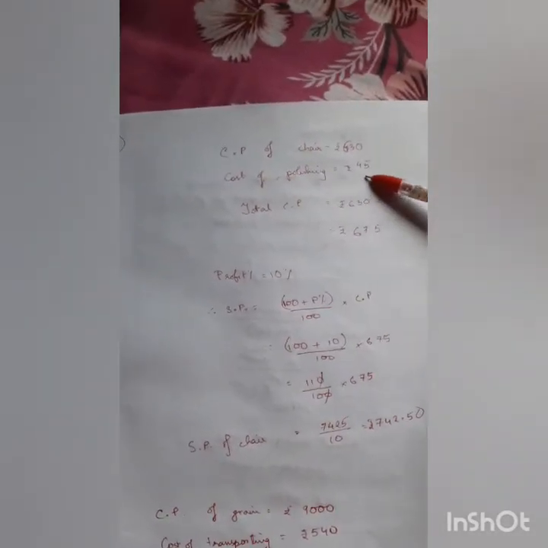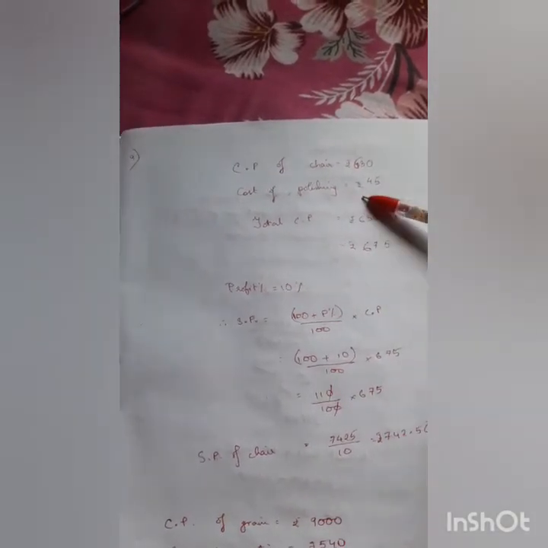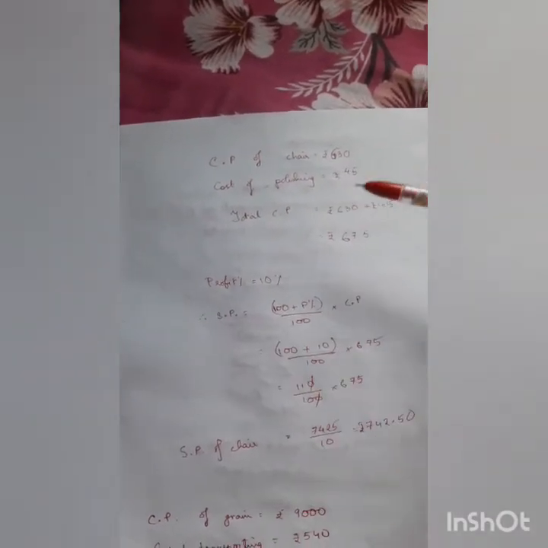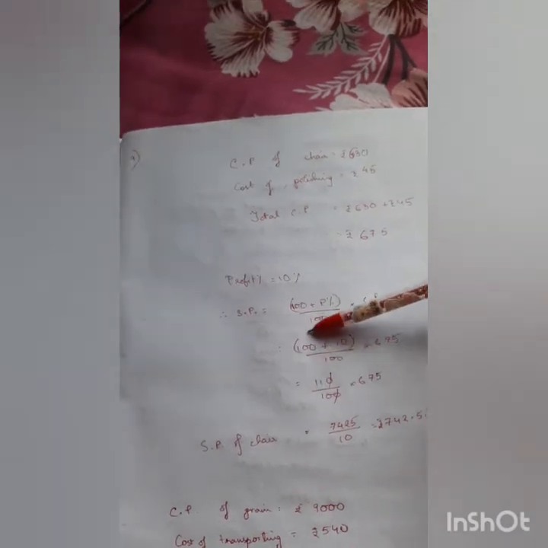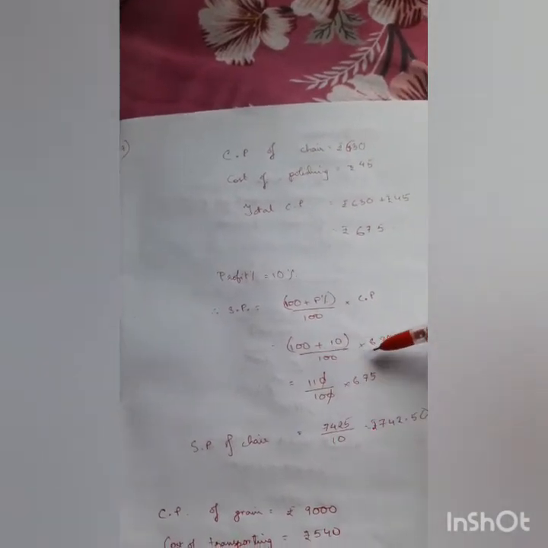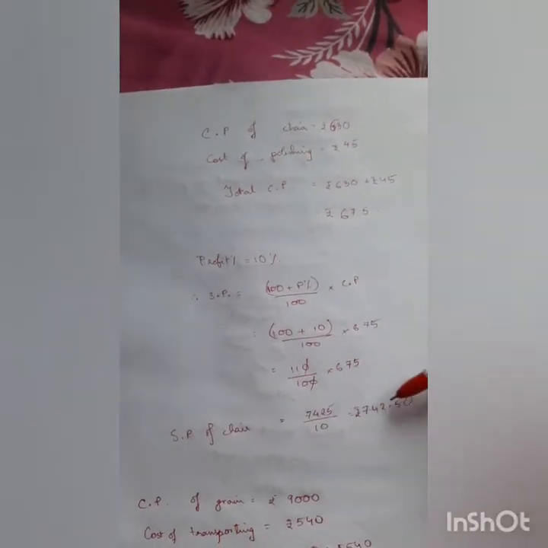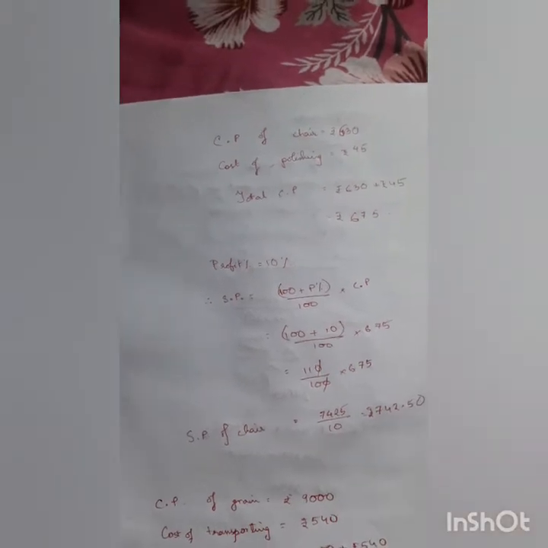So the selling price of the chair will be (100 plus profit percent) by 100 into CP. This is the total CP, because the cost of polishing is included in his total cost price, because he is giving the money from his own pocket to polish the chair, so he will take that money from the person who buys the chair. So 100 plus 10 by 100 into 675. Now I have calculated. See, SP of the chair has come out as rupees 742.50.